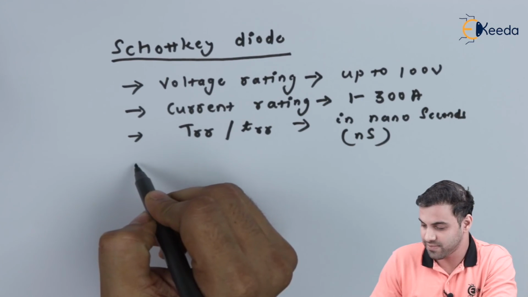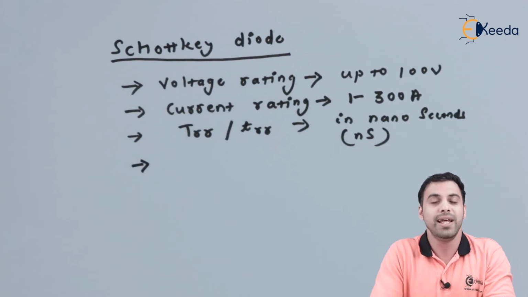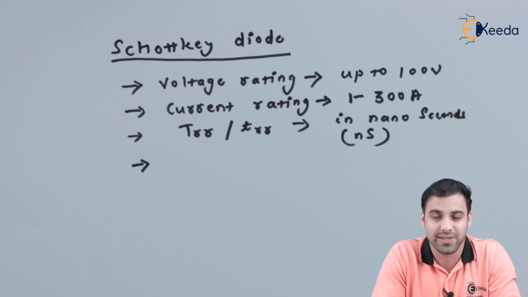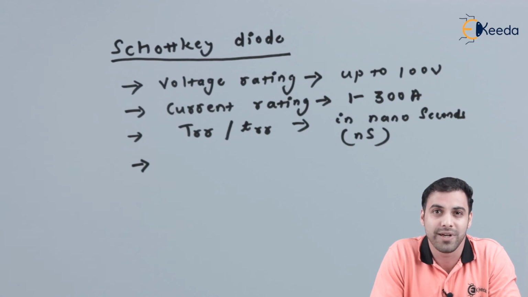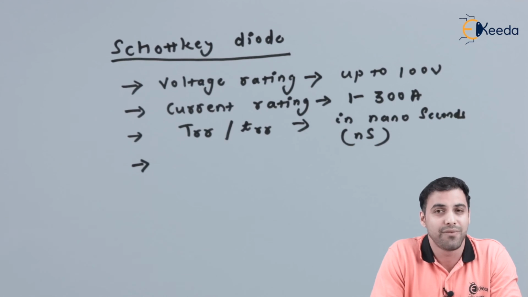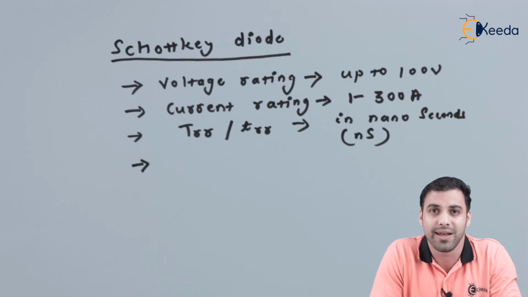Now let's talk about the various applications of Schottky diode. Because of the very small reverse recovery time, this kind of diode is used in very high frequency applications. For example, very high frequency converters, very high frequency inverters, very high frequency motor drives, and very high frequency electrical applications.